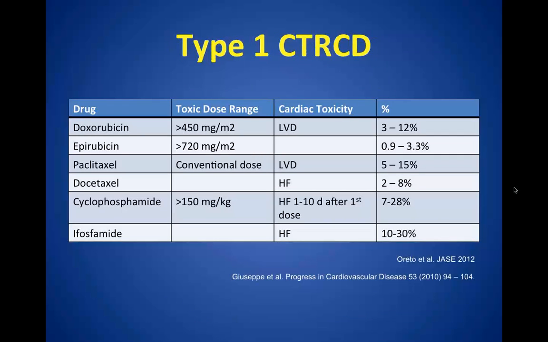When we talk about CTRCD, it can be divided into type 1 and type 2 toxicities, and this is mentioned in the consensus statement document. Type 1 toxicities are those chemotherapies that cause irreversible damage to the left ventricle.